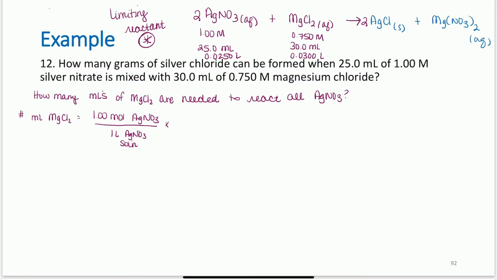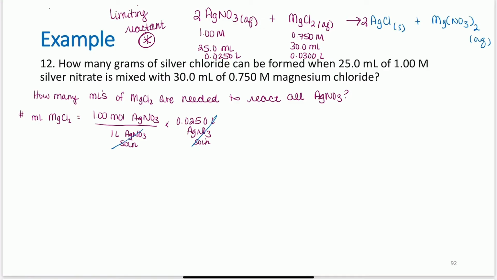I'm going to multiply that by the volume of solution I have, which is 25 mils or 0.0250 liters. And that cancels out my liters of silver nitrate, and now I have moles of silver nitrate.